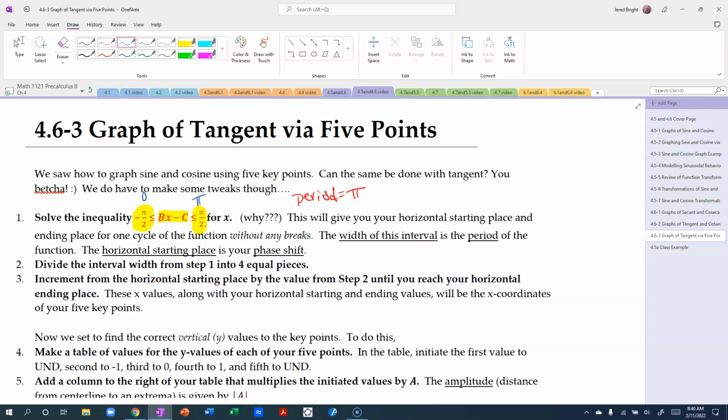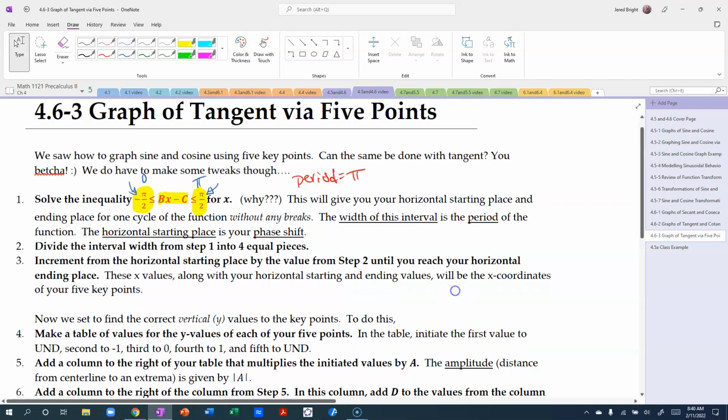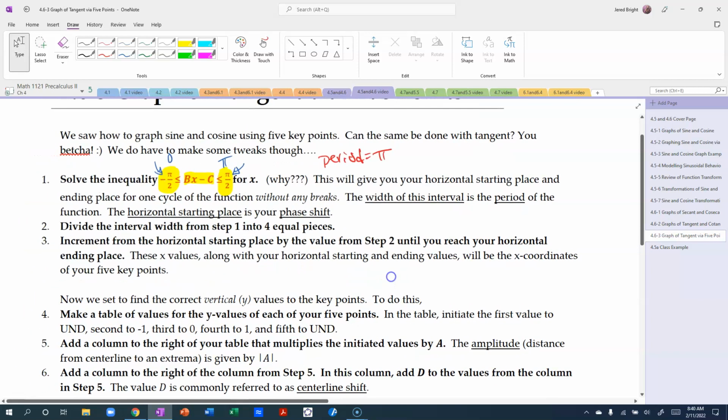So that's the only reason why we do this particular interval, because now we will have those vertical asymptotes at the left and right boundaries. So that way we just don't have any breaks in the middle. But nevertheless, we have this procedure that we're going to pretty much follow the same way.